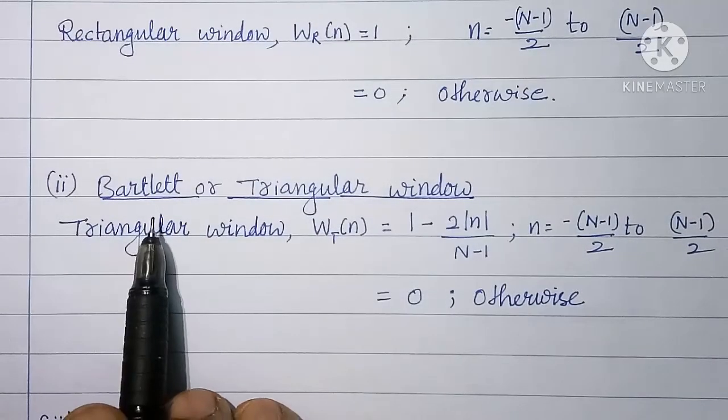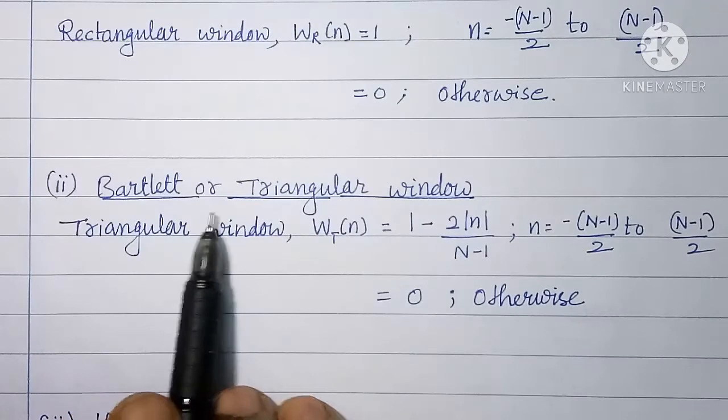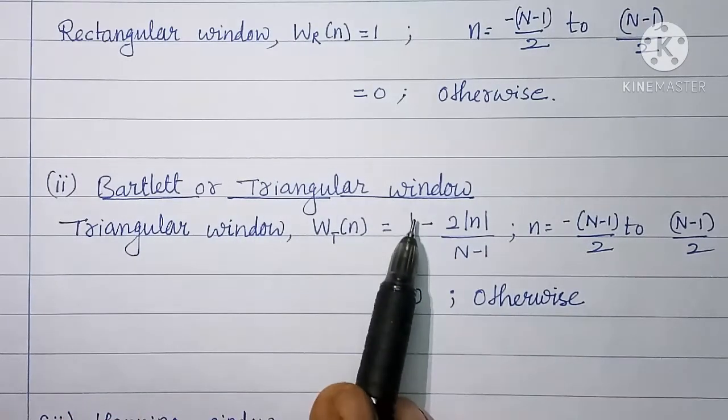Second type of window is Bartlett or triangular window.